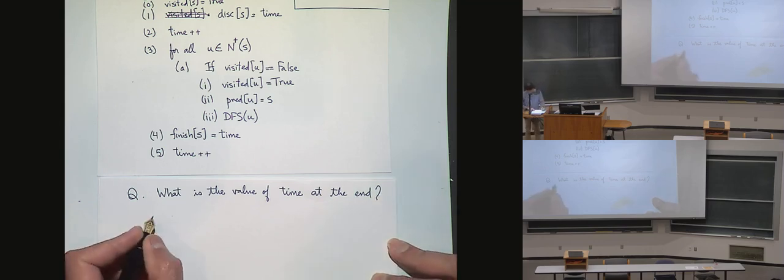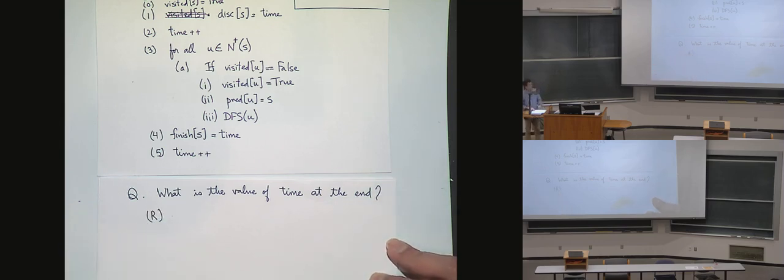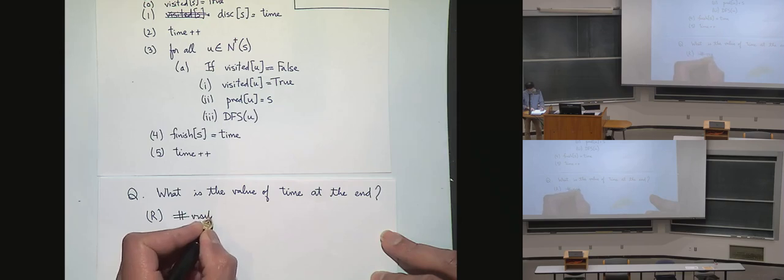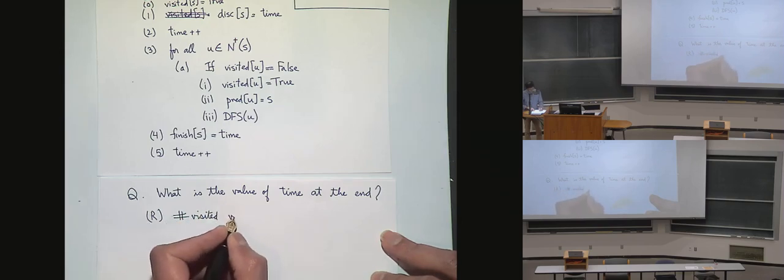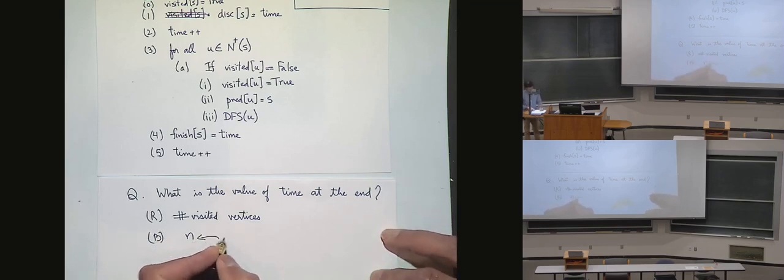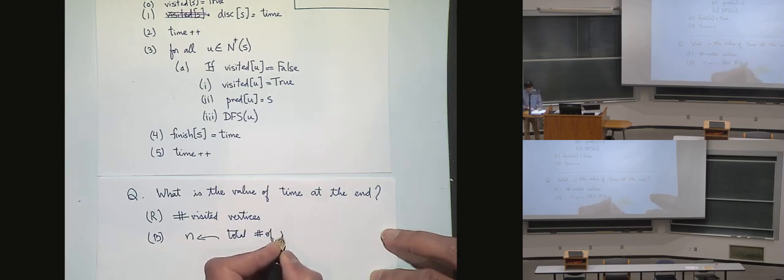Is it going to be the number of visited vertices? Is it going to be n, which is the total number of vertices?